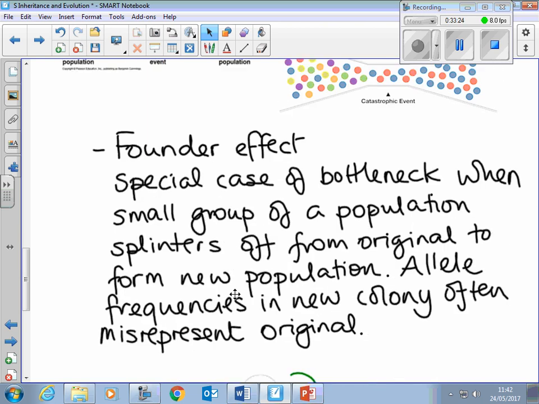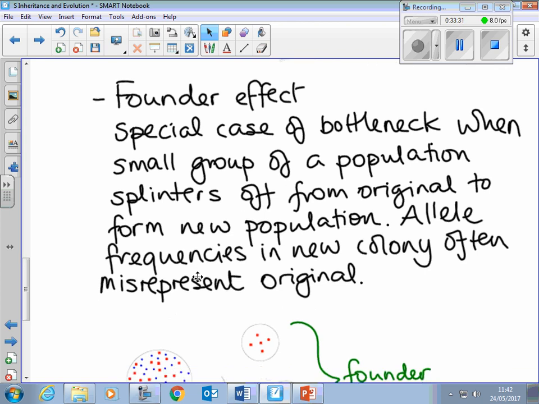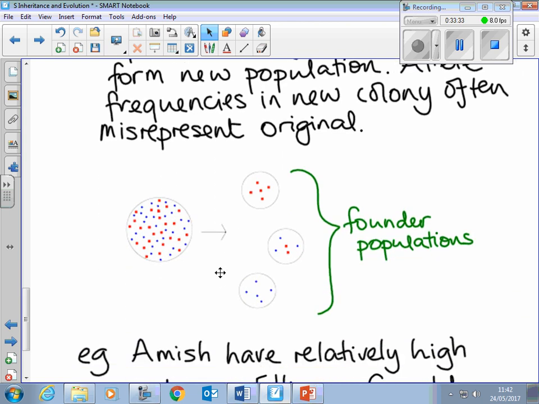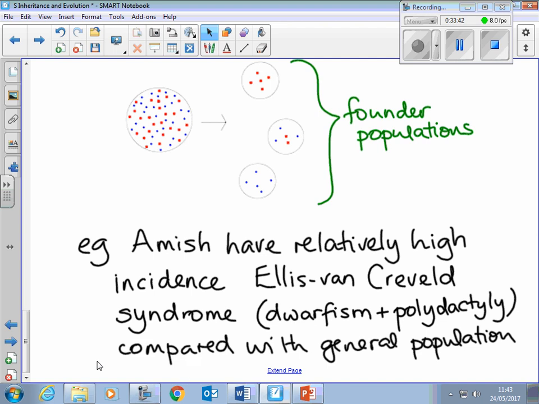The more useful example was the founder effect, a special case of bottleneck, when you get a small population, and you could have these founder populations which have either a high or a low incidence of certain alleles. And I introduced you to the Amish example.